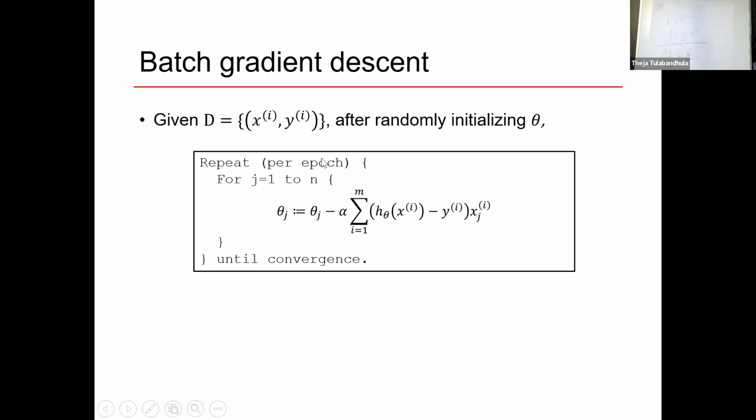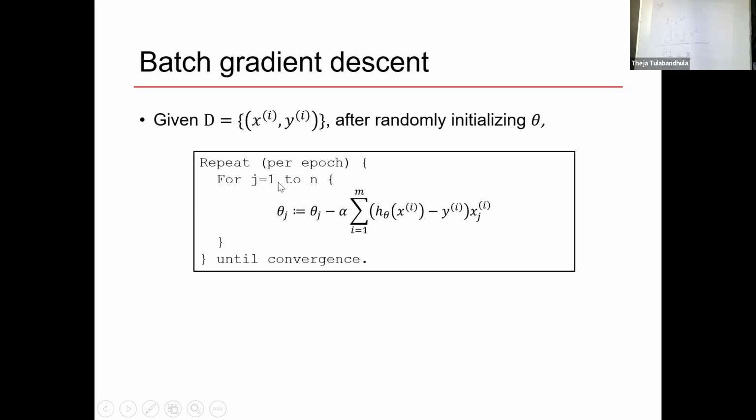you repeat. Per epoch just means per iteration. So think of each gradient descent iteration as an epoch. In each iteration of the gradient descent loop, you pick each coordinate.